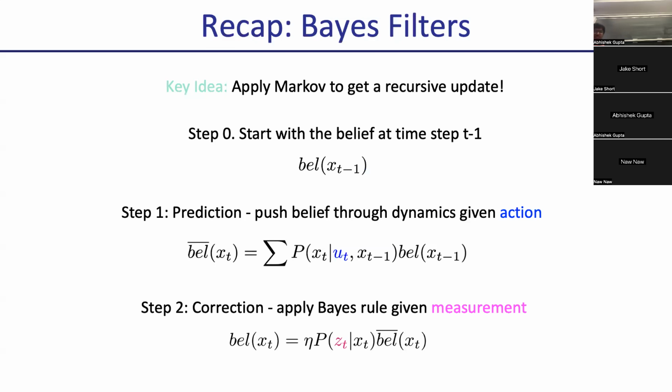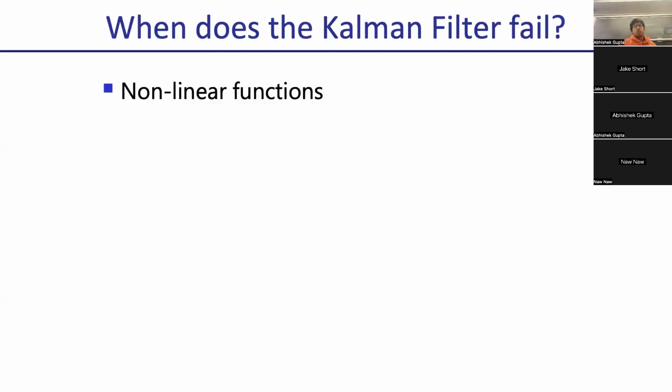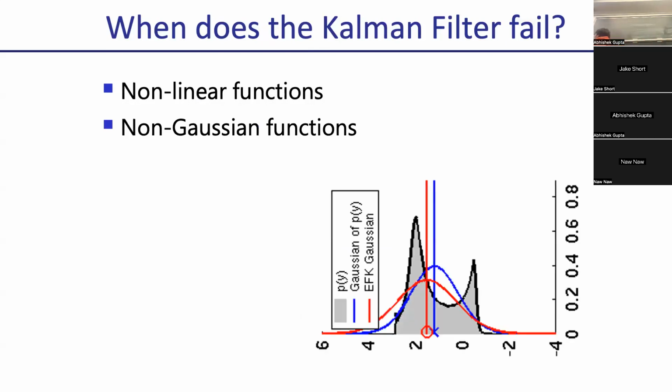The problem with that is that the world is not linear, and the world is not Gaussian. Typically you don't have functions that are Gaussian like that, and the dependence on past states and actions is not linear. For instance, in the motion models and sensor models that we saw, we had an exponential, we had a cosine, we had a tangent.